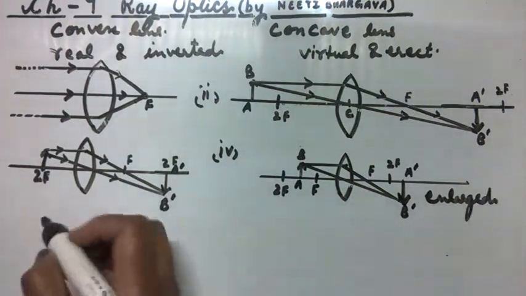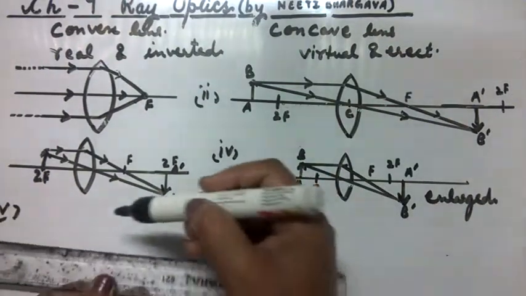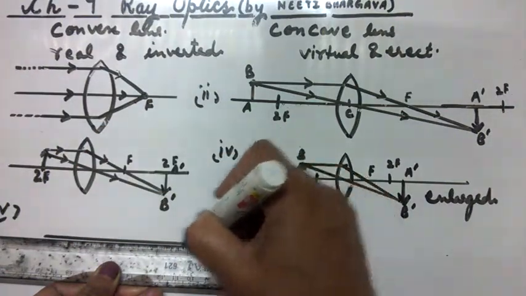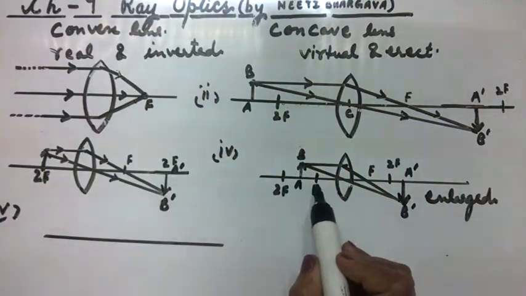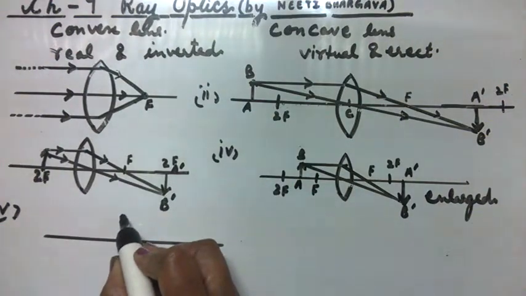Now the fifth one is, in this case, when the object is placed at focus, so image formed will be at infinity.